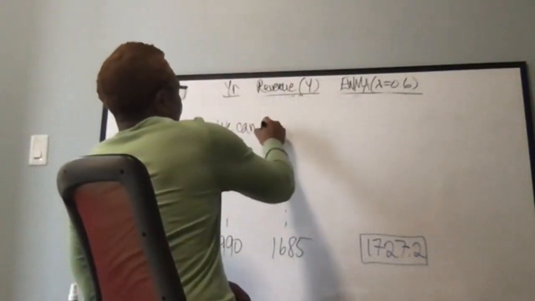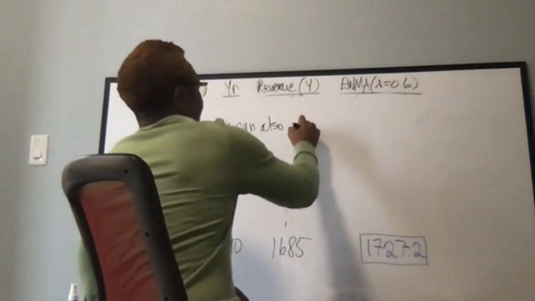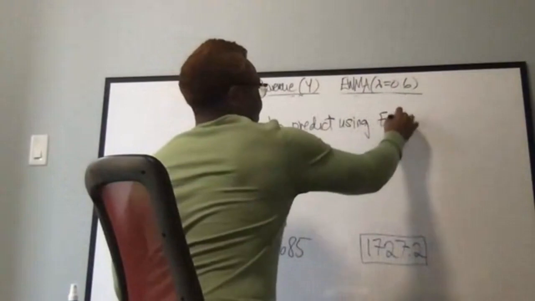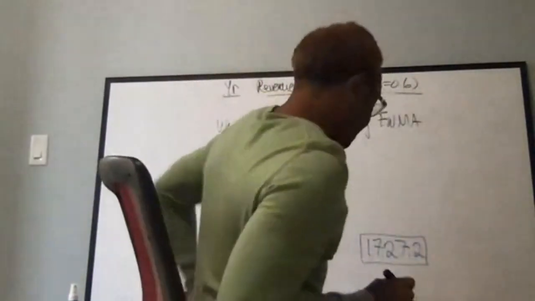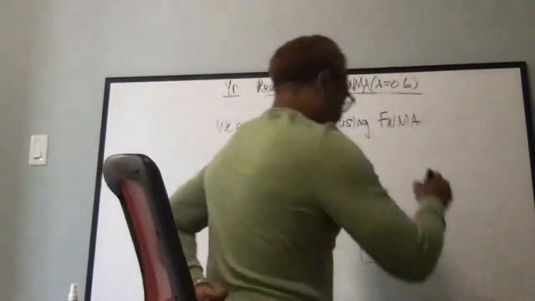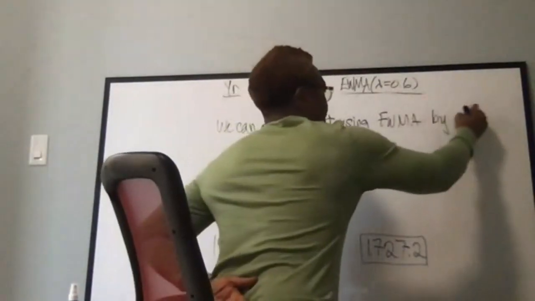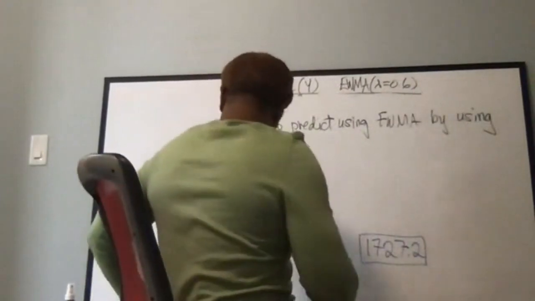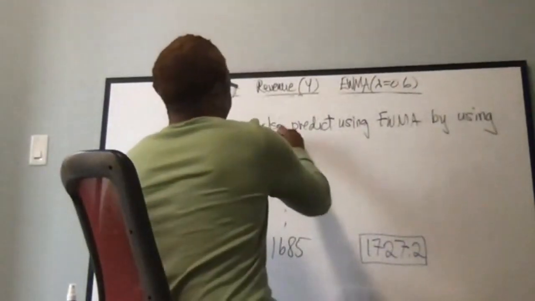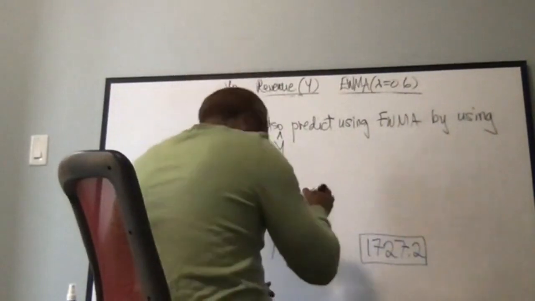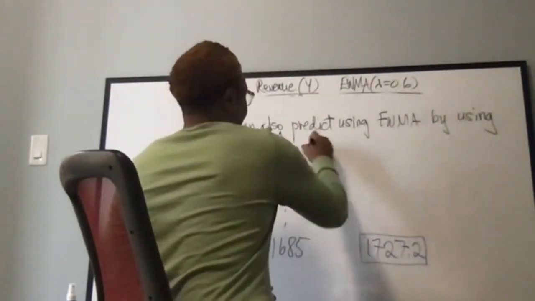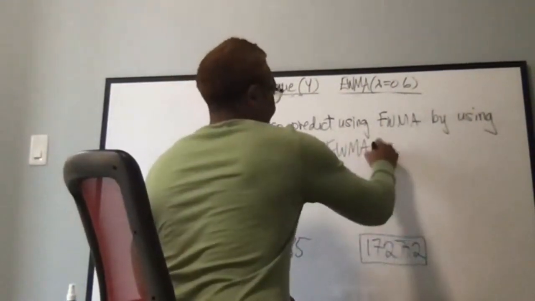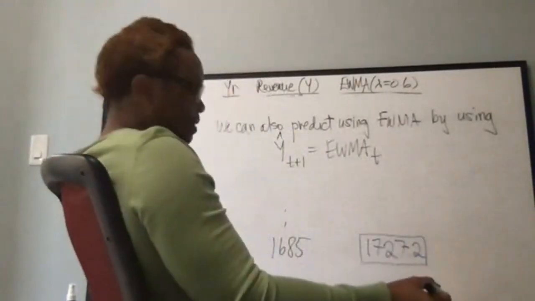We can also predict using EWMA by using something like this: y hat of T+1 equals EWMA of T. I'm going to substitute this.